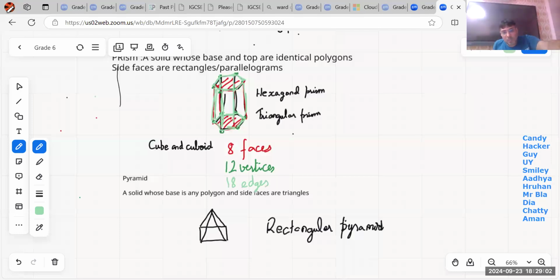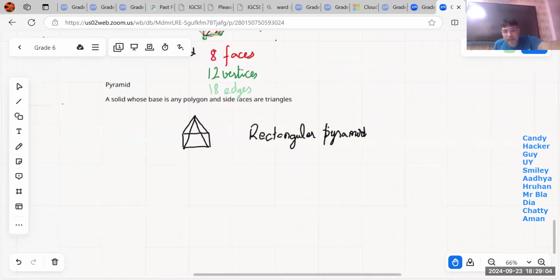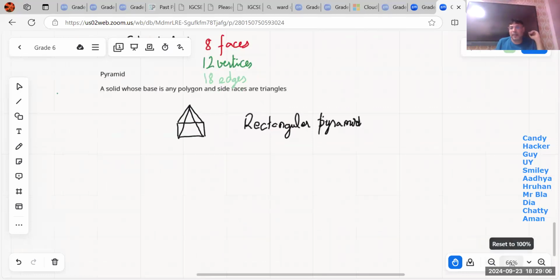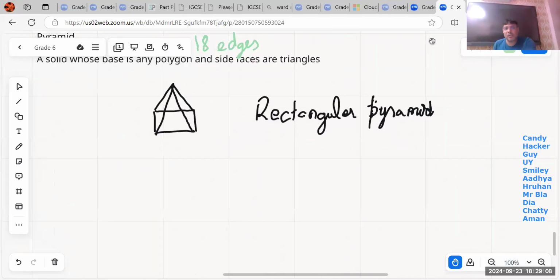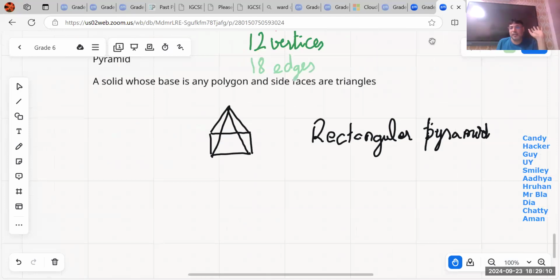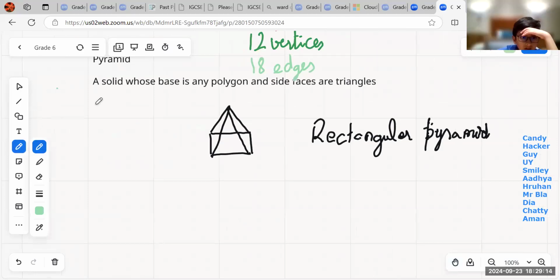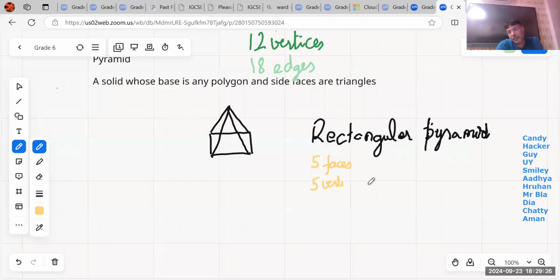Next we go to rectangular pyramid. So how many faces? Yes, 5 faces. How many vertices? 5 vertices. How many edges? Raise your hand.